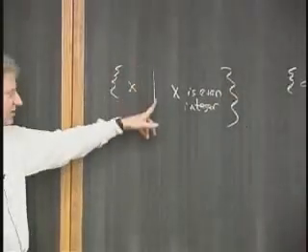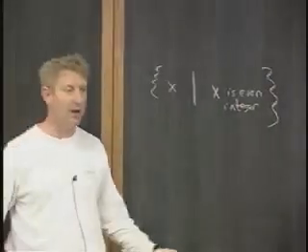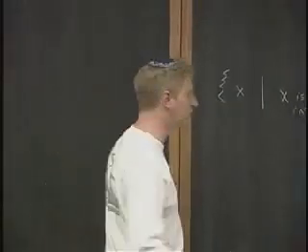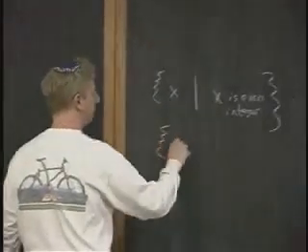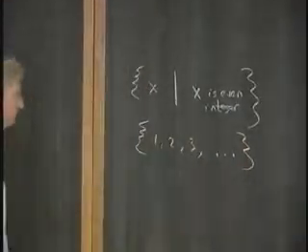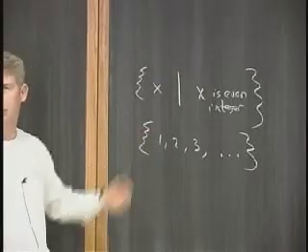All x such that x is an even integer. You can write sets like that. You can describe them in English. You can list them. Sometimes you'll even see strange things like this. It's not very formal, but everybody knows what this means. It's a set of all natural numbers.